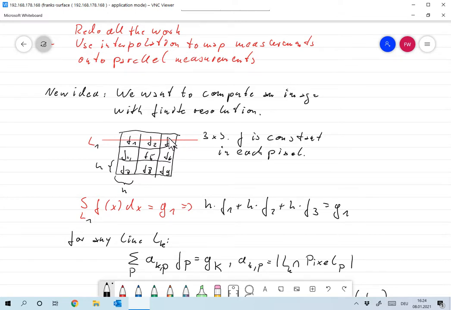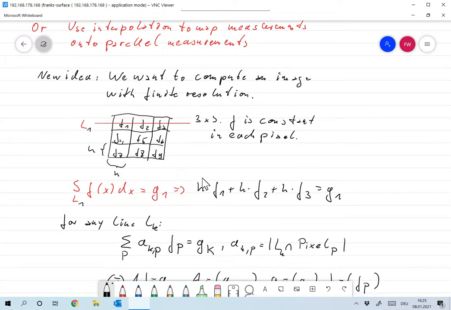This is the reconstruction area over here, and of course that image consists of 9 pixels, and in each pixel we have values f1 to f9. So our assumption is that the function f that we reconstruct is constant, equal to f1 in this pixel over here, equal to f2 over here, equal to f3 over here, and so on.